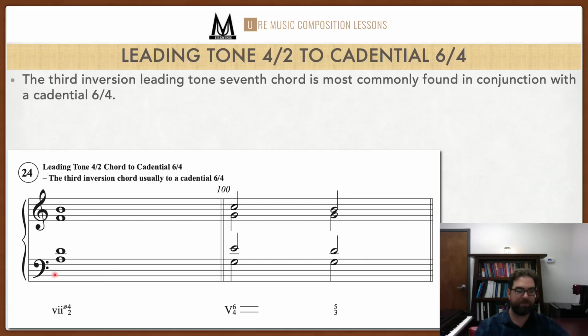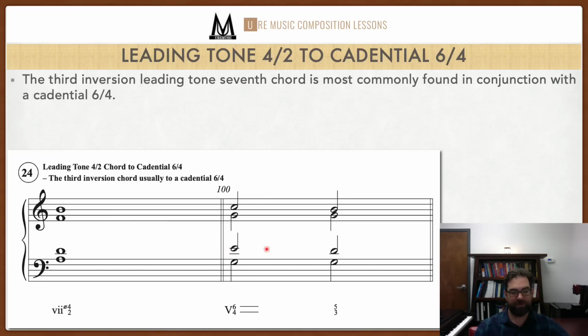So this 7th chord right here, your 7-4-2, your 7th is going to be in the bass. And what typically happens is the third inversion chord usually goes straight to a cadential 6-4. So you get your 7, then you get your 1-6-4. This creates a lot of instability, but notice the really smooth voice leading, the stepwise voice leading.